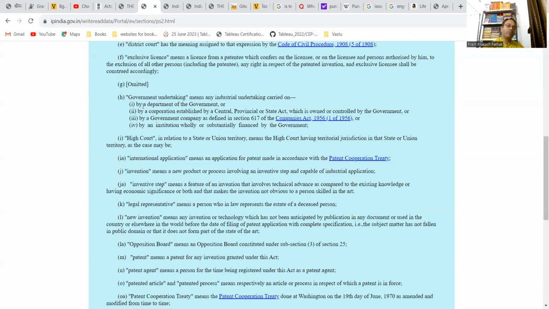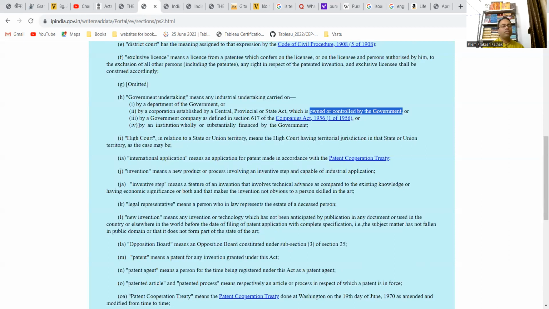Any department of the government is also called a government undertaking, and any corporation must be established by these three entities: central, provincial, or state, which is either owned or controlled by government. This is the condition. Or by a government company as defined in section 617 of the Companies Act 1956. You can read in more detail about it.